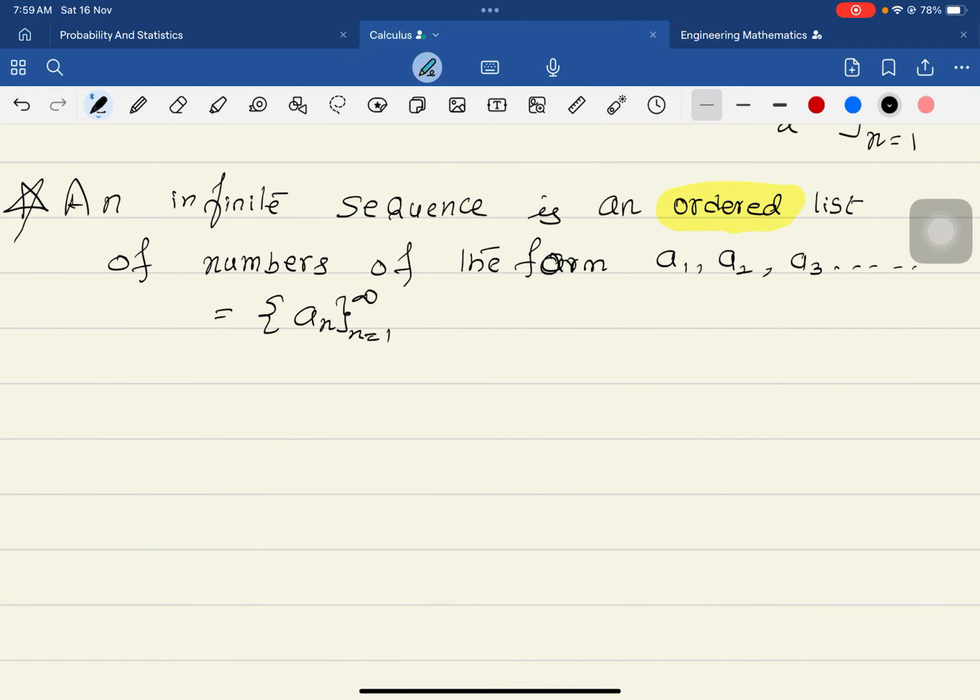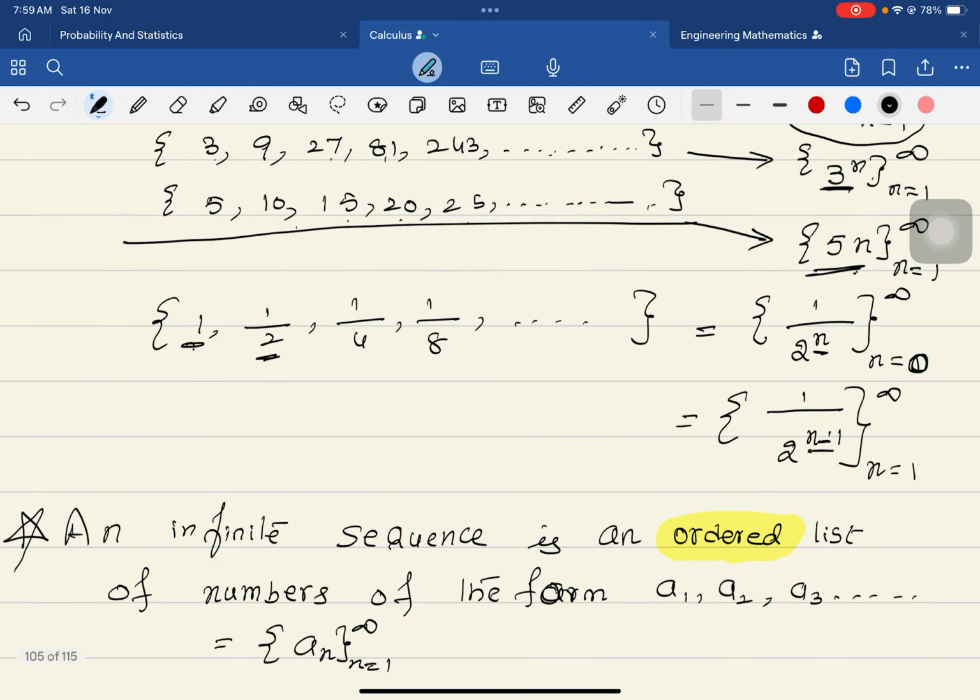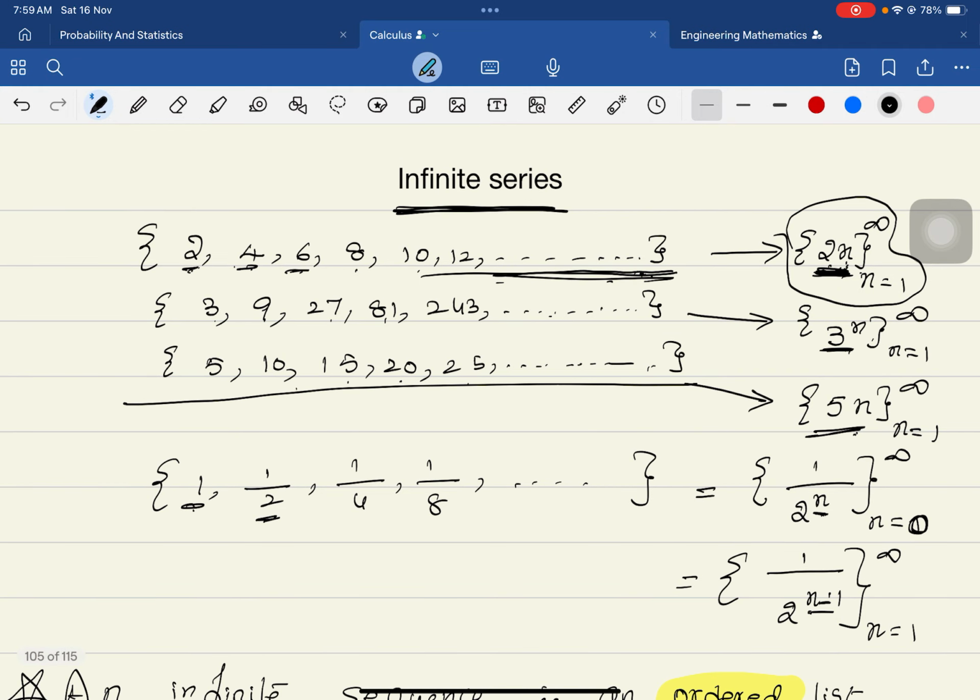Now let us come to an important point. When I am writing all these sequences of numbers, and n is going to infinity, that means as n is going to be larger and larger, are you getting larger numbers in this?